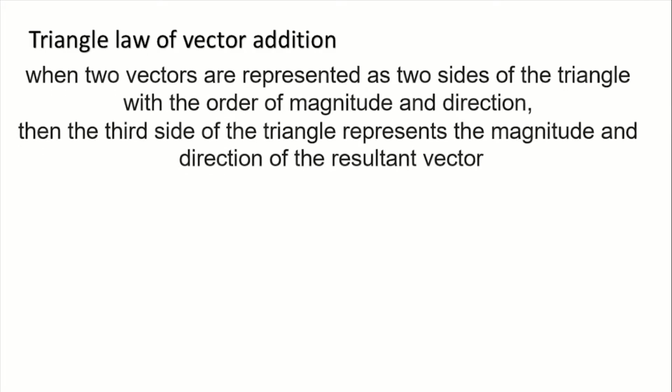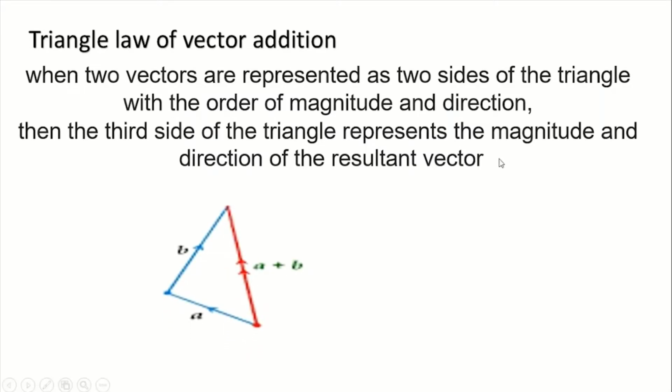When we are talking about the addition of two vectors, there is a law to add two vectors. We call this the triangle law of vector addition. Let's see what the triangle law of vector addition is. When two vectors are represented as two sides of a triangle with the order of magnitude and direction, then the third side of the triangle represents the magnitude and direction of the resultant vector.